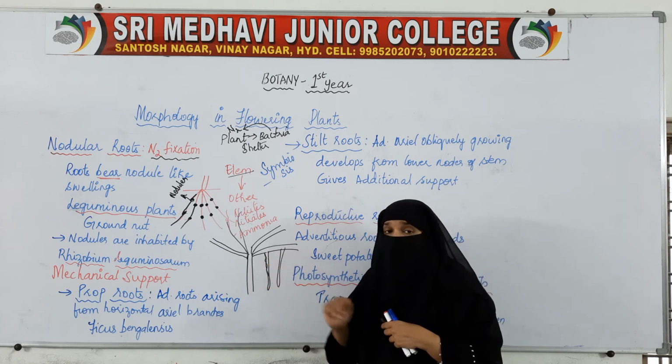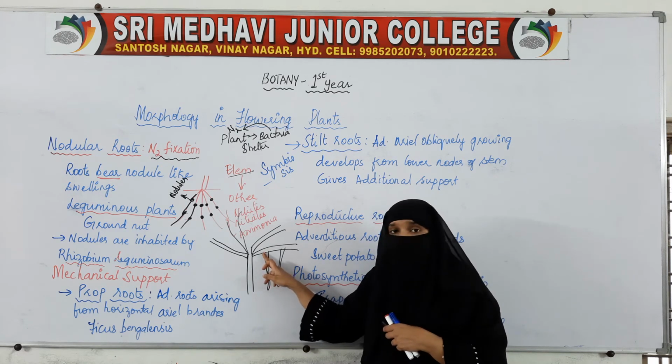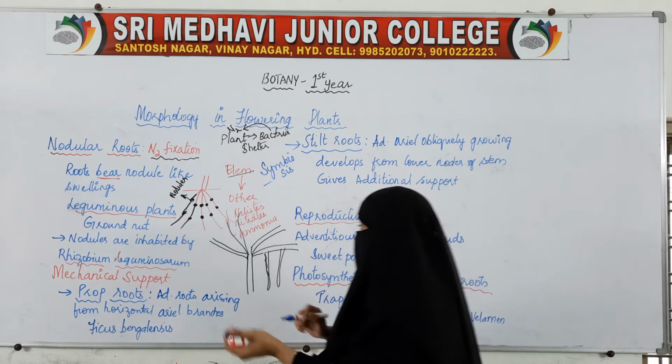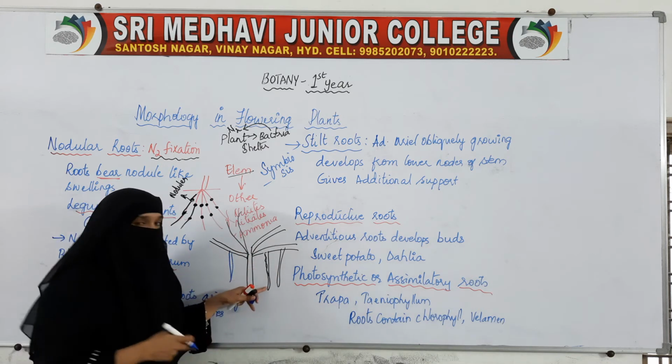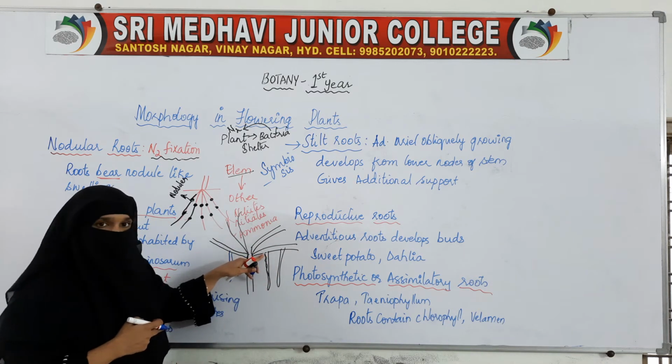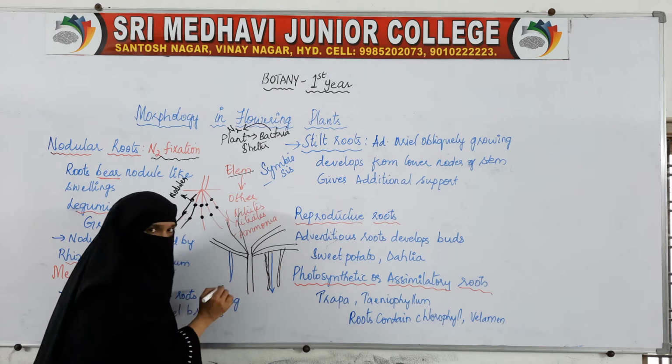These roots are adventitious roots. They are not arising from the radicle. These roots are arising from the branches and growing towards the ground, in a downward direction.